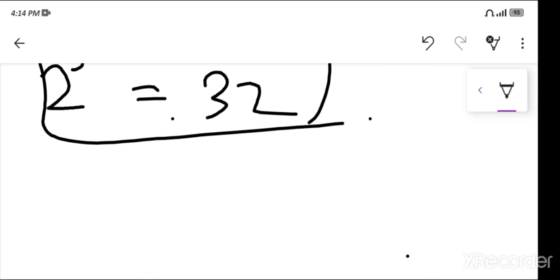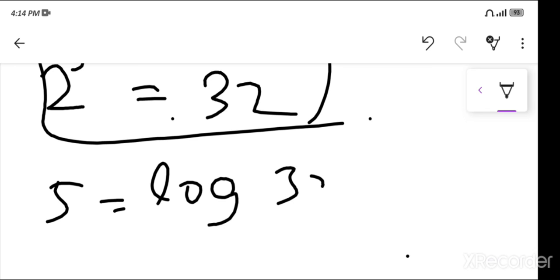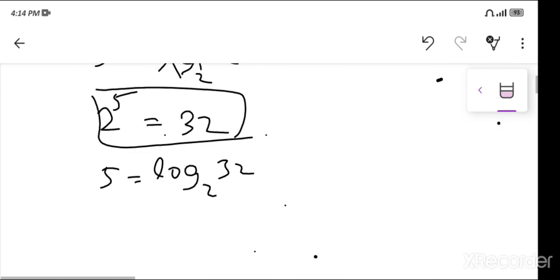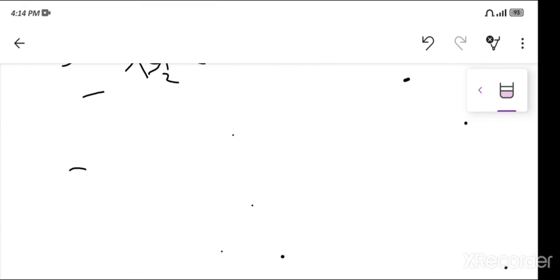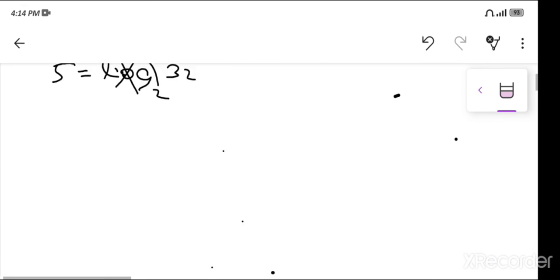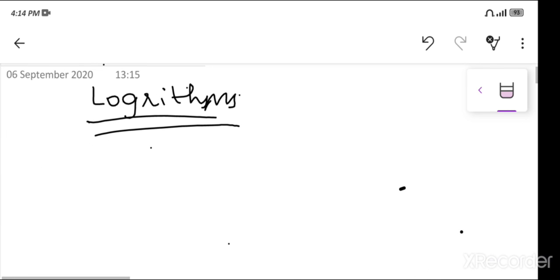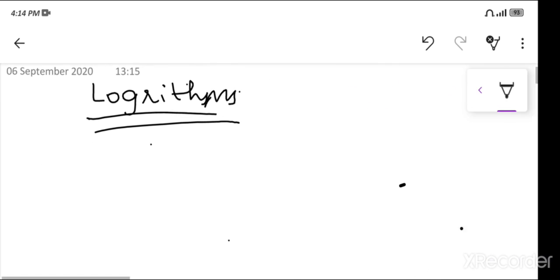When you expand this, you get 2 power 5 is equal to 32. That's it. It's that simple. If you are perfect in this concept, then you will be perfect in this lesson. Trust me. Alright, let's move to the next concept.